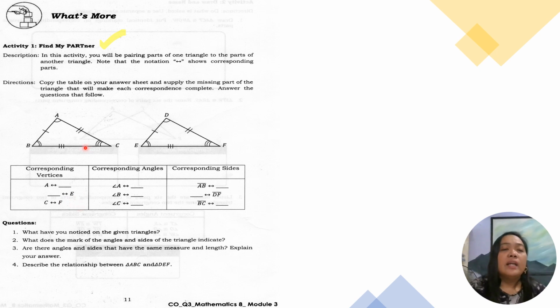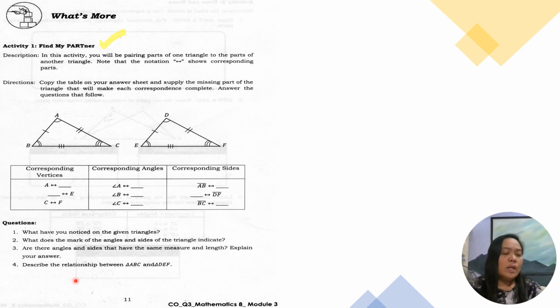On top of the table, we have triangle ABC and triangle DEF. So, supply the corresponding vertices, corresponding angles, and the corresponding sides. Then, after completing the blanks in the table, answer the questions. Number 1, what have you noticed on the given triangles?